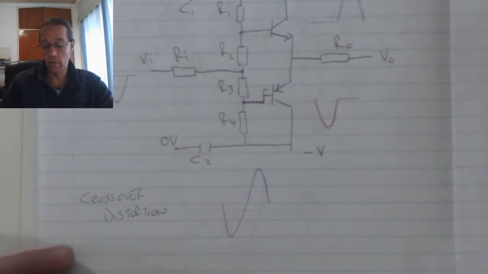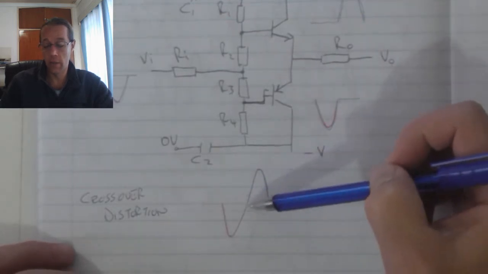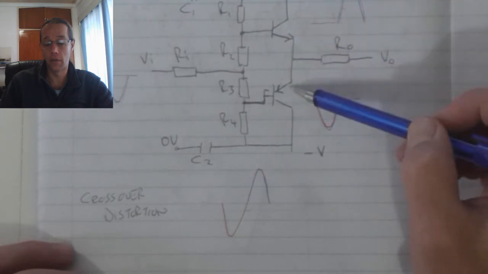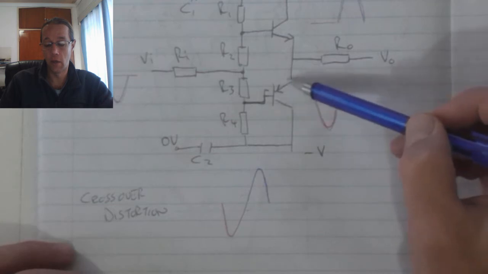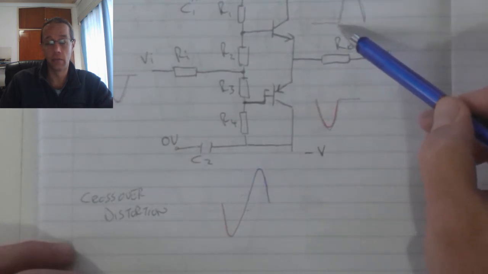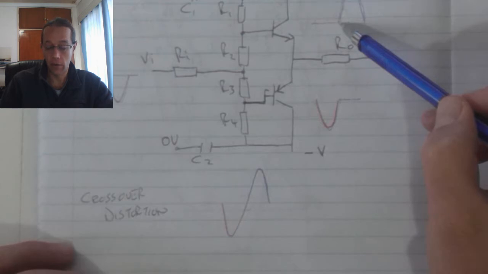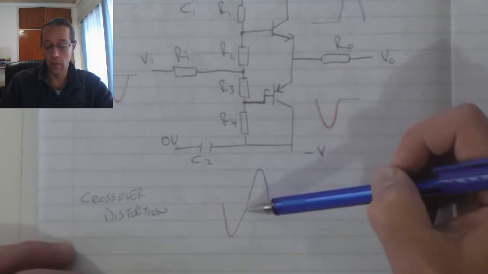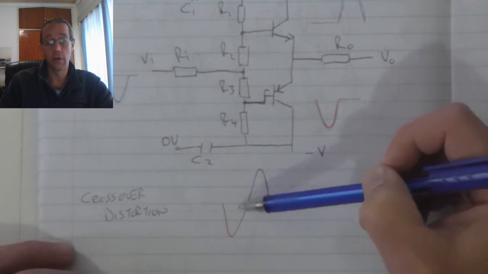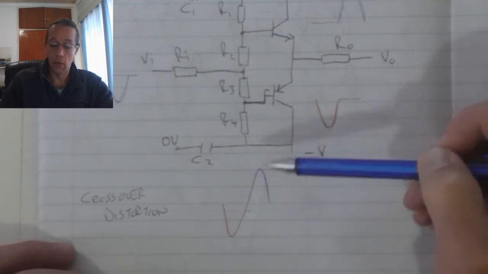That crossover distortion occurs because for a short moment in time the transistors are not both operational, because this transistor is switching off while this transistor is switching on. As a result, there's a small little piece of distortion occurring over on that crossover there.